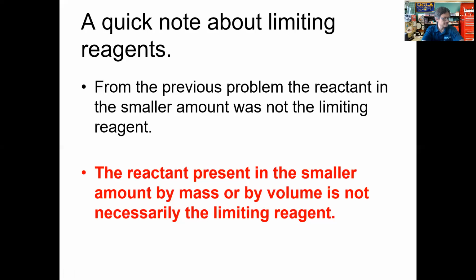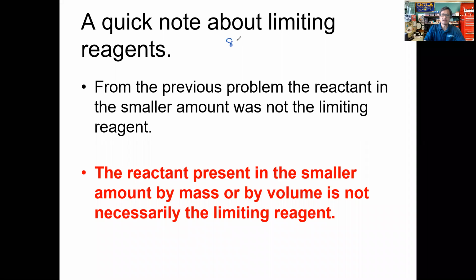Yesterday we were given 80 grams of copper and 25 grams of sulfur. 80 grams is a whole lot more than 25 grams. Let's write this down. Yesterday's problem: we were given 80 grams of copper, and we were told that we had 25 grams of sulfur.